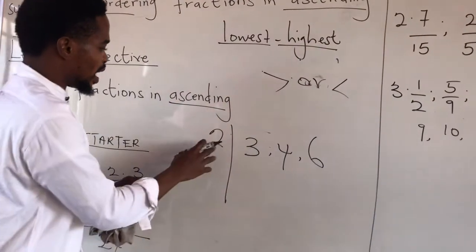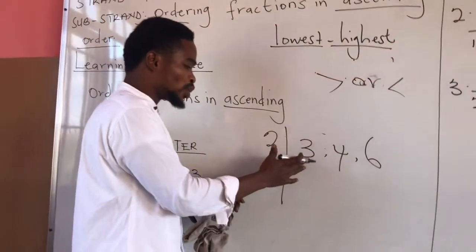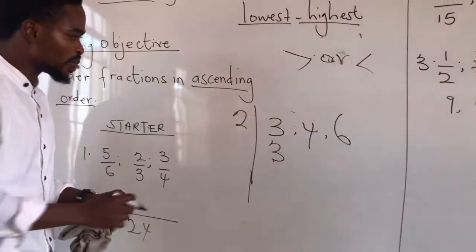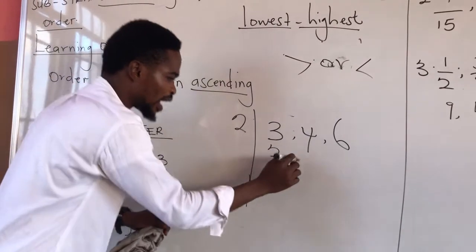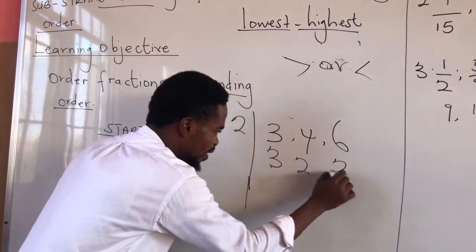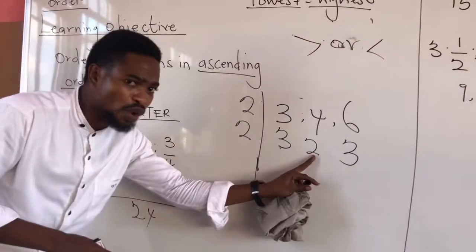Then I check whether 2 can go into 3. No, it cannot, so I maintain the 3. But 2 can go into 4 two times. Then 2 can go into 6 three times. Then I come here and bring my 2 again.